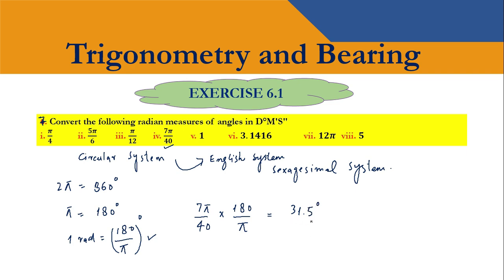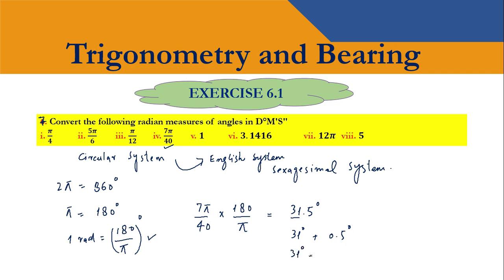Now convert that degrees into the standard form, degrees, minutes and seconds. As you know, the integral part is 31 degrees plus 0.5 degrees. The decimal part of the degree contains our minutes and seconds. So convert that 0.5 degrees into minutes.